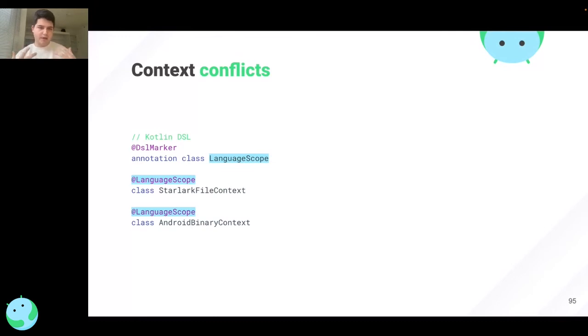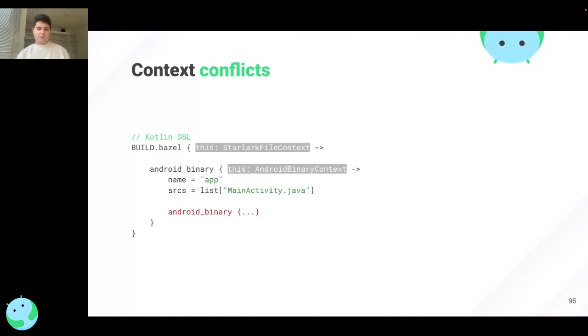We have many of them. Let's see how it works on this example. We marked the first context with it, the second context with it, and this is basically it. Now what will happen when you write this code in the IDE? It will show you that you're writing invalid code, because Android binary is something available from the outer context.